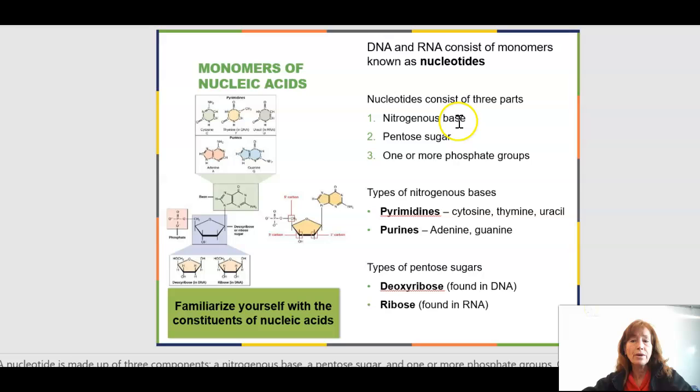It has a nitrogen base, or nitrogenous base, as sometimes it's said. It just means that within the structure you'll find nitrogen. It'll have some type of pentose sugar, so that would be either deoxyribose or ribose, as you can see below. And then it's going to have one or more phosphate groups.